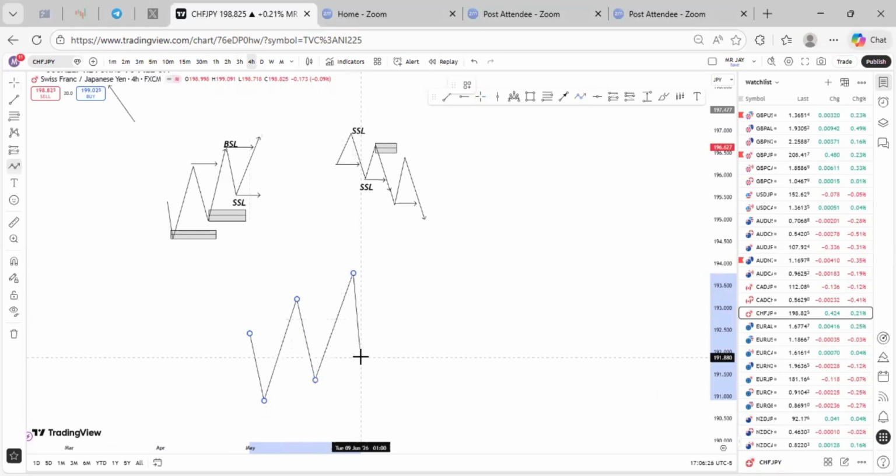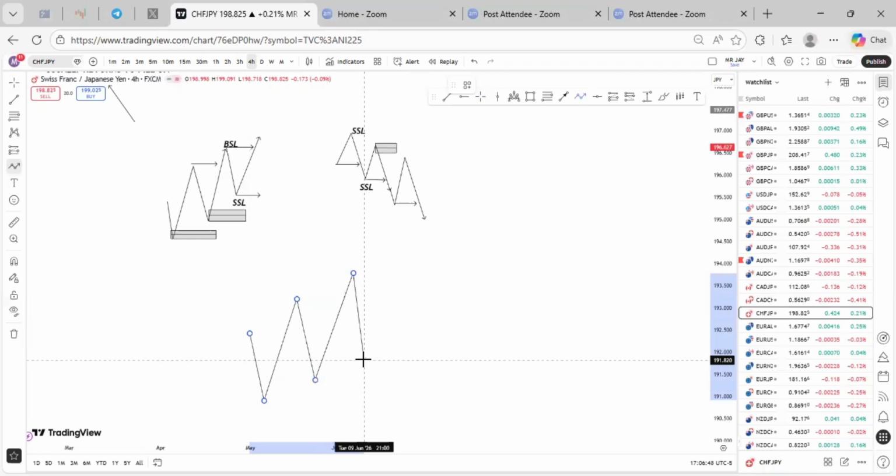Based on my strategy, the market structure, the liquidity, the imbalance, and then the POI, this is what I look out for when I want to take such trades. The first thing I want to look out for is the trend of the market, which is the market structure. Know the market structure.